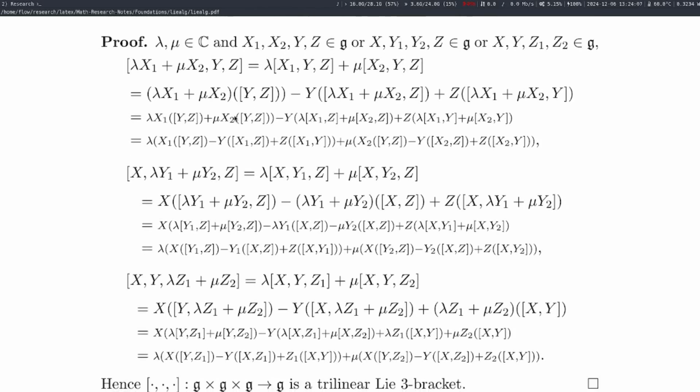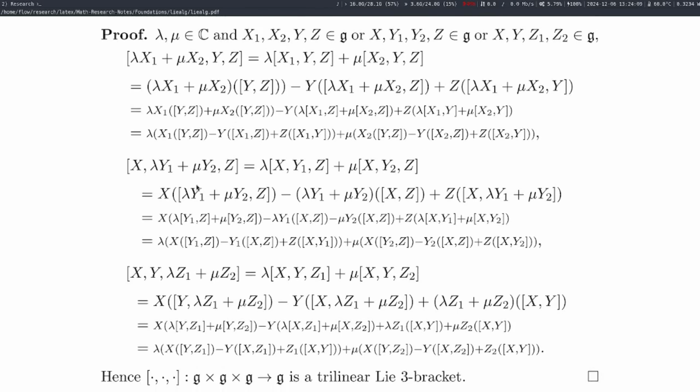And of course we can prove the trilinearity of this ternary Lie bracket, and this just follows the same principles as for the bilinear case, but now we have to check 3 cases to pull out these scalars and to check the algebra of it.